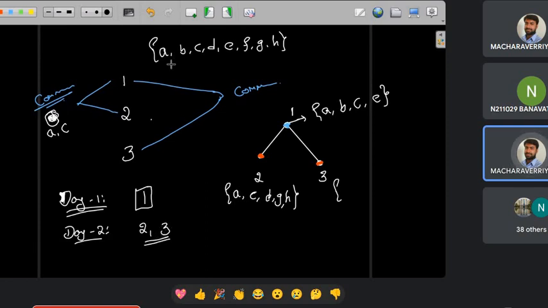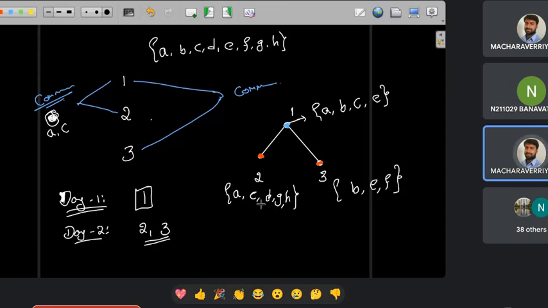So now, I cannot take the people who are in 2 or in 3. Okay, so except A, C, D, G, H, you can take the others. Who are the others? B, C you are not allowed to take. E we can take. F, that's it.